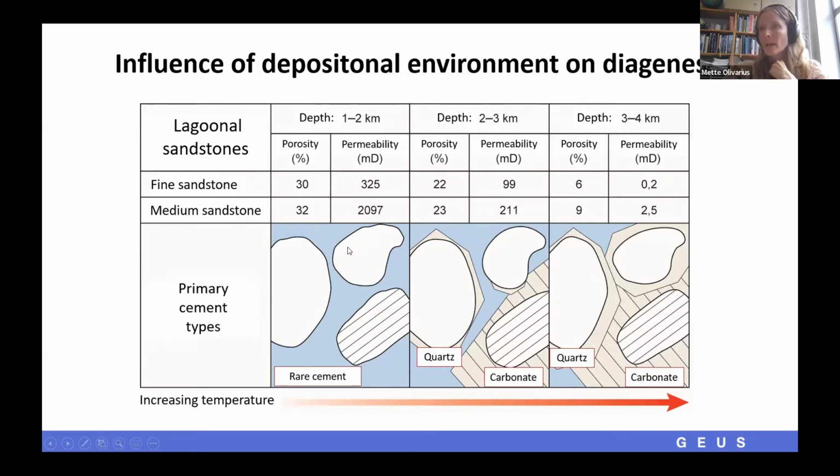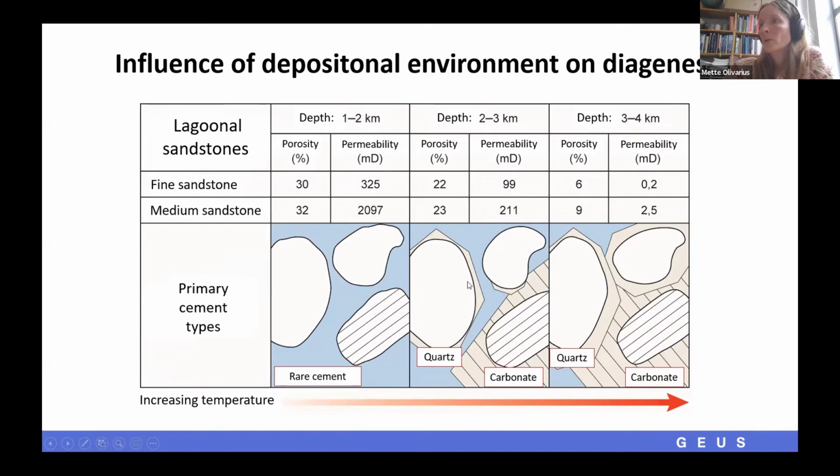You can see generally that medium grain sandstones have better reservoir quality than the finer grain sandstones. If we look at the very shallow sand here from 1 to 2 kilometers, it is actually not a sandstone yet. It's only loose sand with rare cement between the grains.